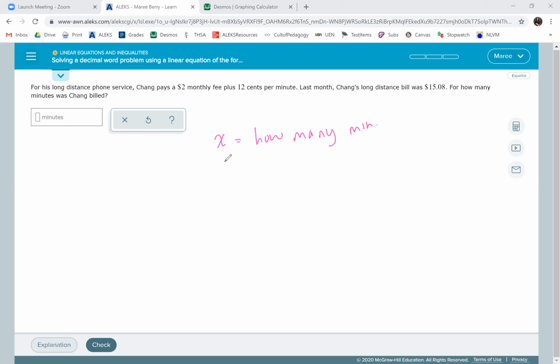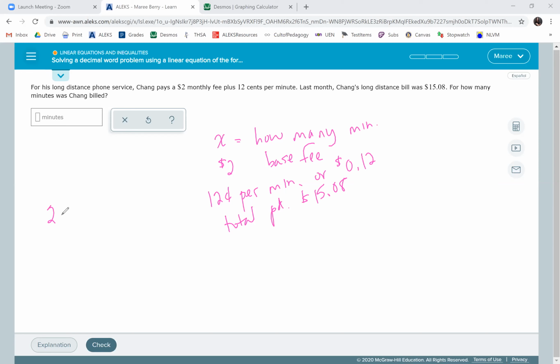We have the $2 was the base fee. He's charged 12 cents per minute, which I would write as a decimal. And then total paid is $15.08.